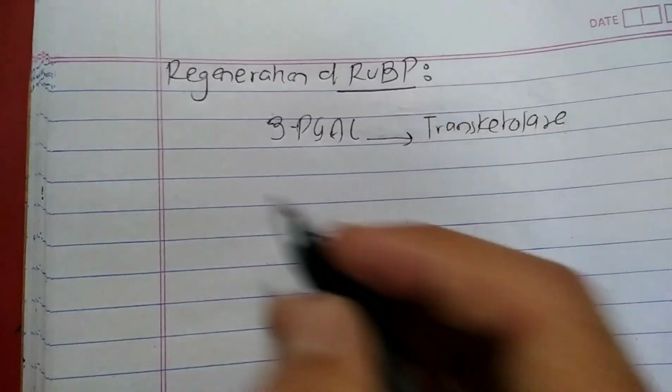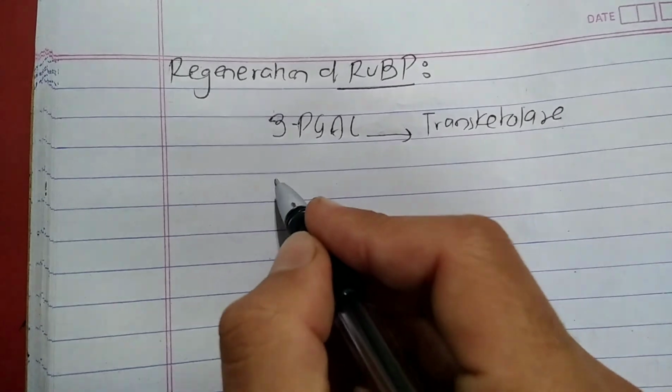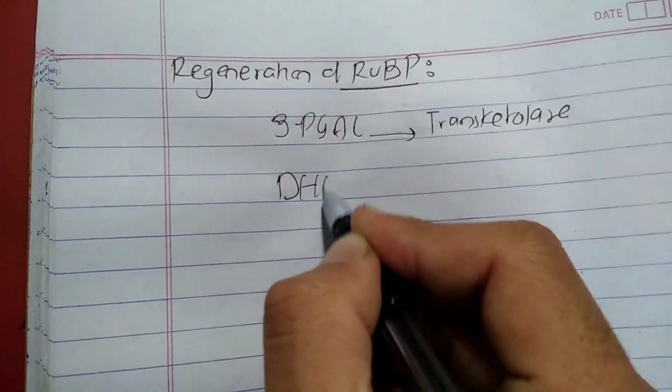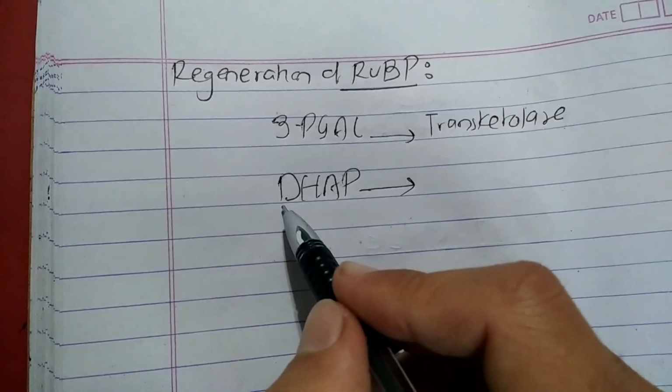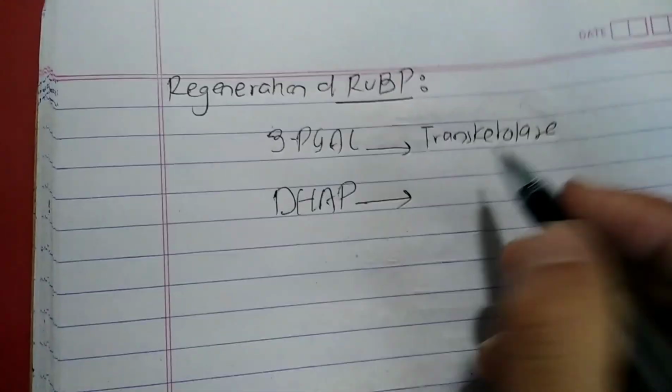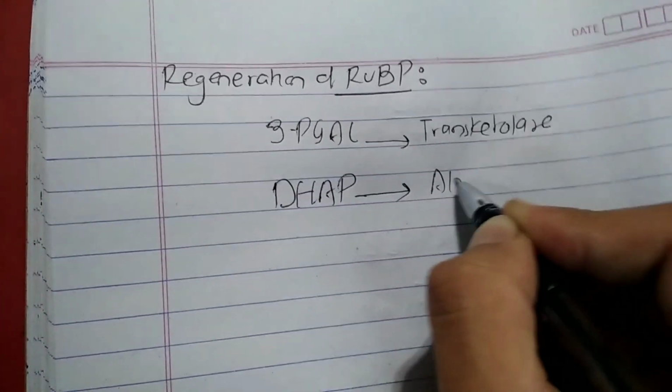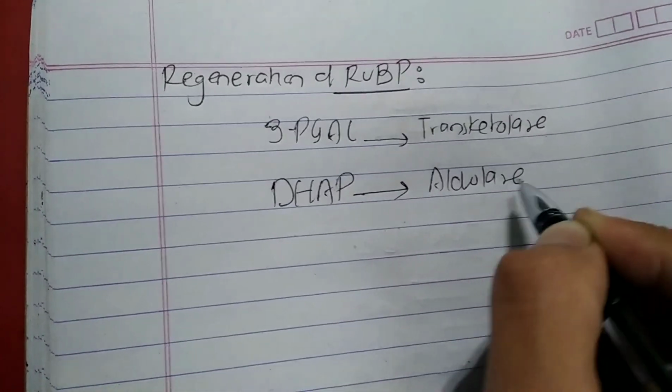It will be easy for you. And whenever there is a reaction between any compounds and dihydroxyacetone phosphate, just write aldolase over here.